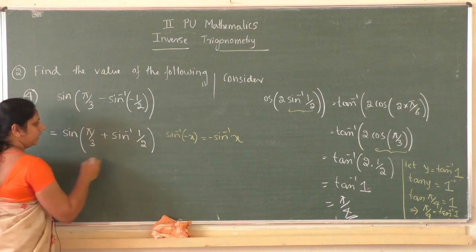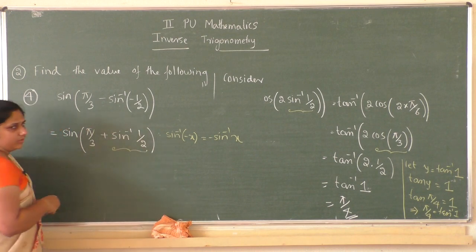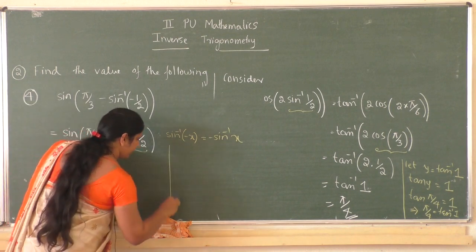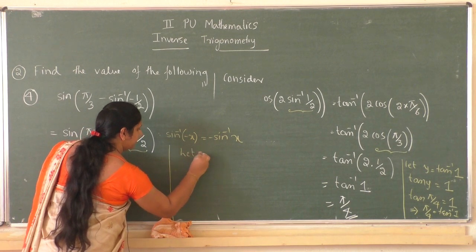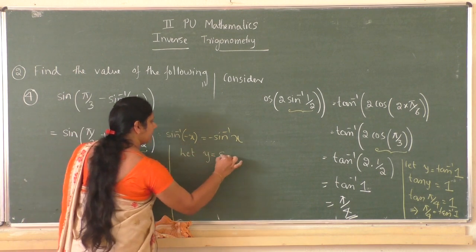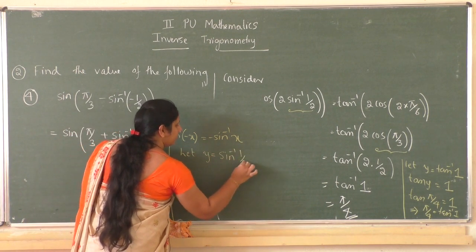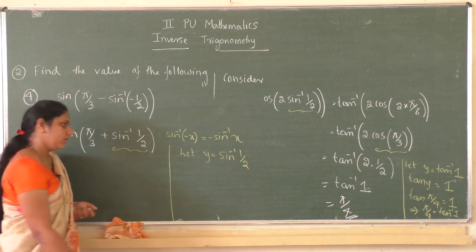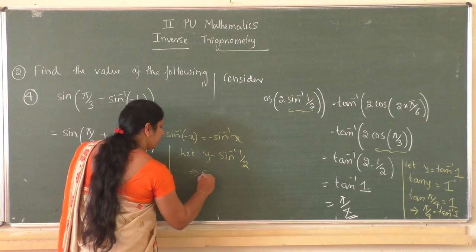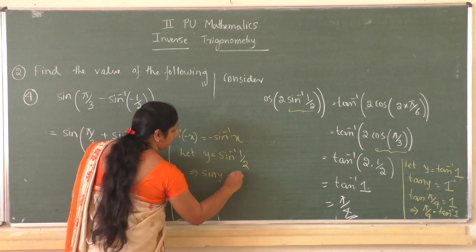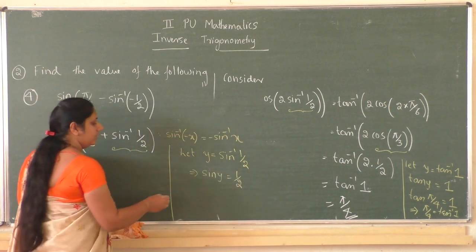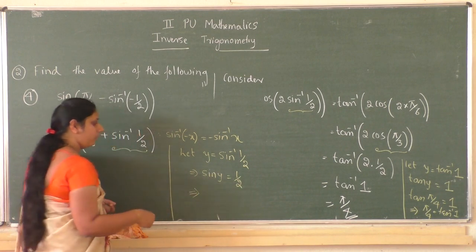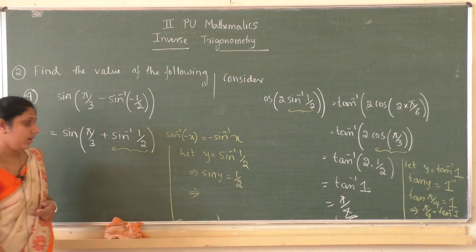Now we have to find the value of sine inverse half. For that let us consider y as sine inverse half. So let y equal to sine inverse half implies sine y will be equal to half. Now check for what values of y, sine y will be half.